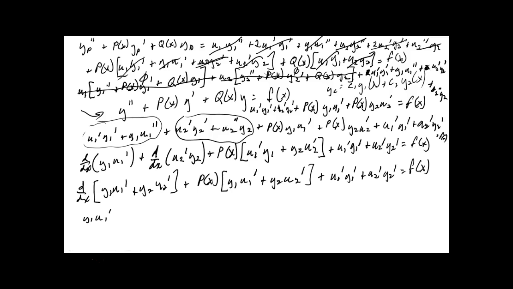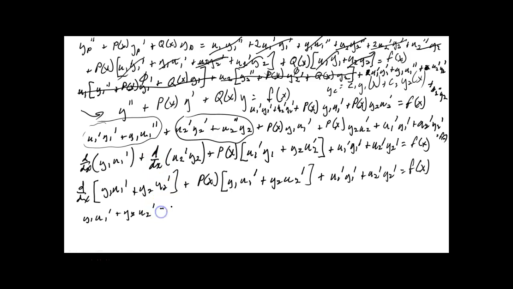u1 and u2 satisfy this equation: y1 u1 prime plus y2 u2 prime equals 0.